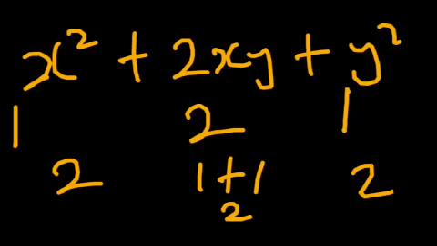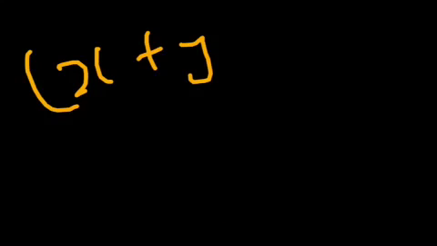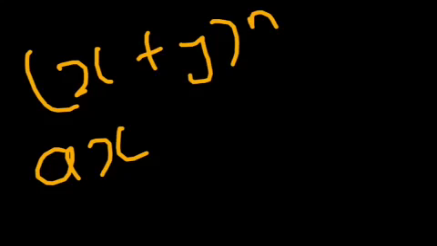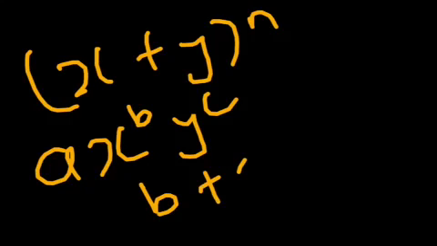If we go back to the binomial theorem, (x plus y) raised to power n would always give us a x to the power of b, y to the power of c, where b plus c is equal to n.